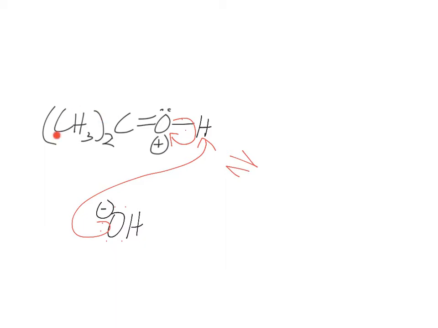This, of course, indicates that this carbon is bonded to this oxygen twice, and then to two CH3s. So we can draw it a different way. Right, so this is the conjugate base of this starting material.